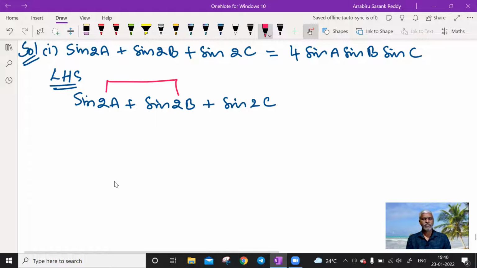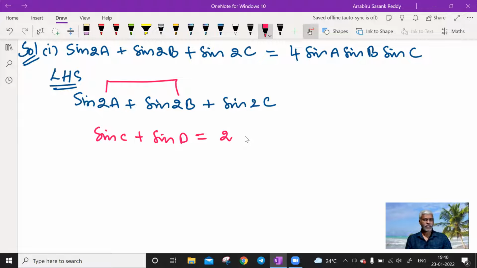Let us take the first two terms by using sin C plus sin D. Sin C plus sin D is equal to 2 sin of (C plus D) by 2 cos of (C minus D) by 2.